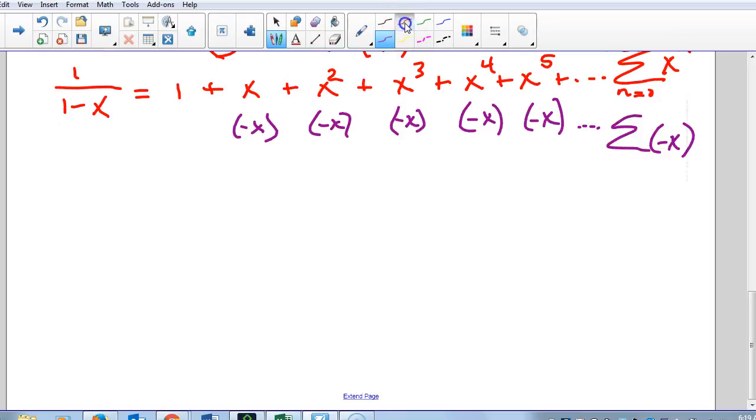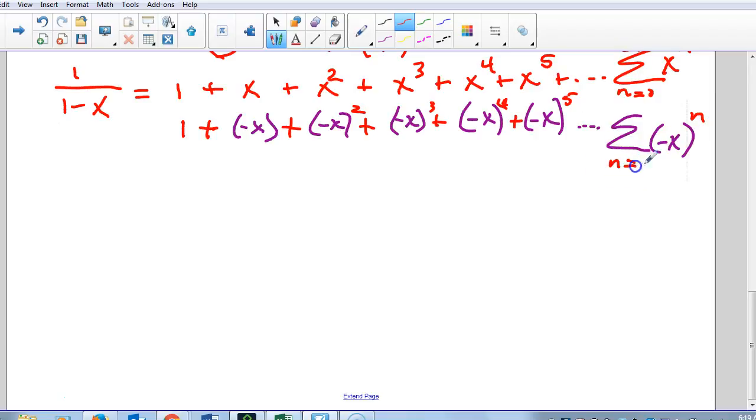And why don't I write the rest of it? So it's 1 plus negative x squared, negative x cubed. And notice it's going to make an alternating series, right? That's supposed to be a 4. This is a 5. And then this is going to be to the nth power.